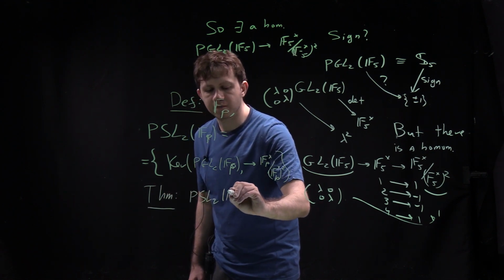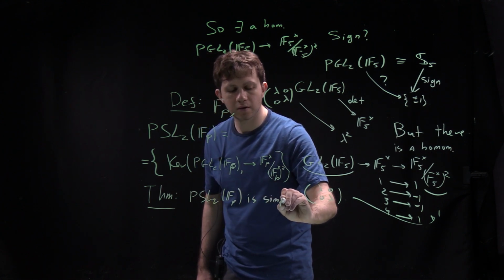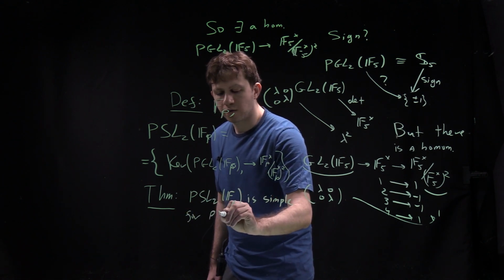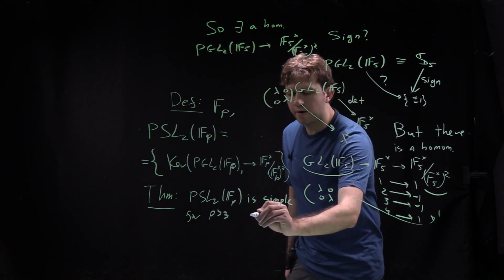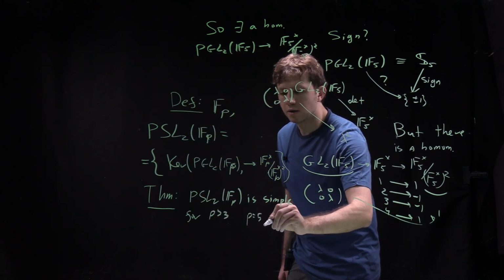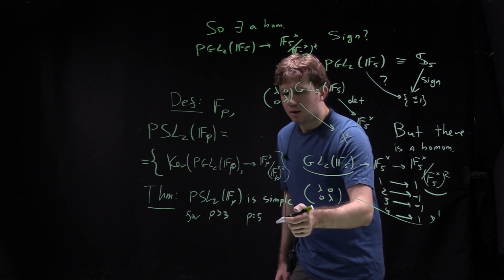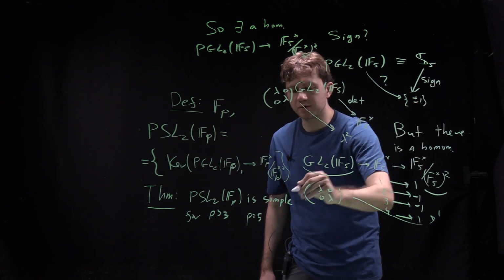The theorem, which I'm not going to prove, is that PSL2 of Fp is simple for p greater than 3. So for instance, for p equal to 5, you get something inside S5, the kernel of sign, you get A5.